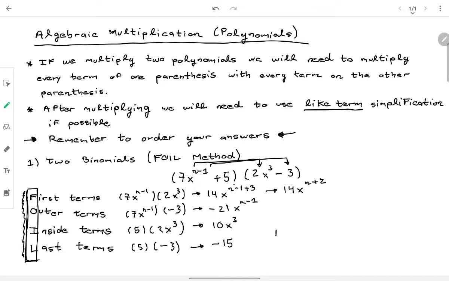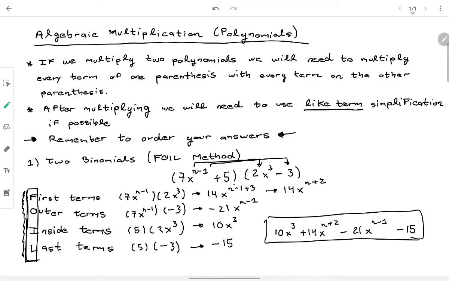So we can put it like 10x cubed plus 14x to the n plus 2 minus 21x to the n minus 1 minus 15. And that will be our final ordered answer.